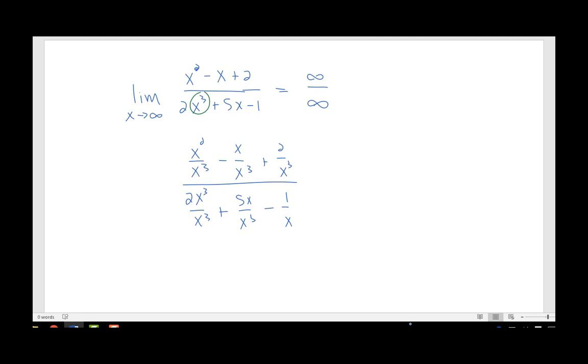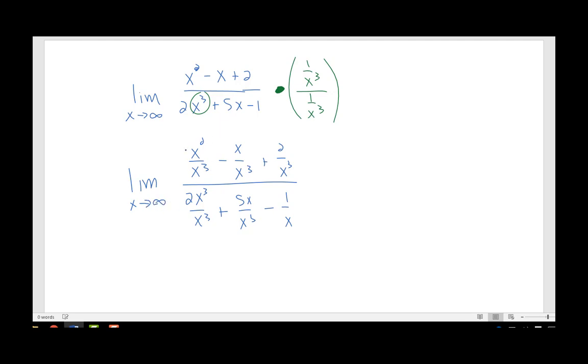Now remember, something like this is algebraically legal, because technically what I'm doing is taking this fraction and multiplying by 1 over x cubed over 1 over x cubed. So algebraically, we're multiplying by the number 1. And what this did for us is we could simplify each of these.